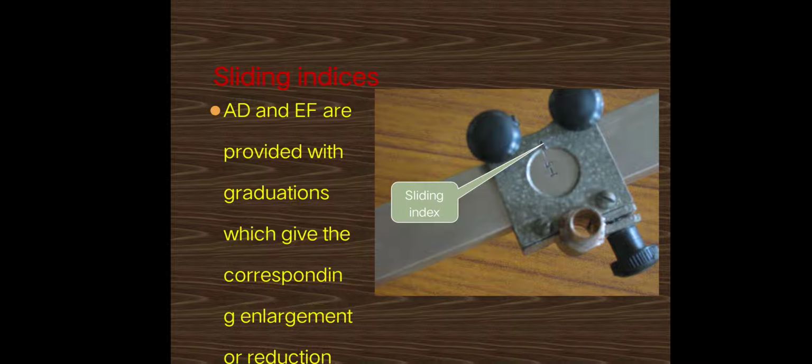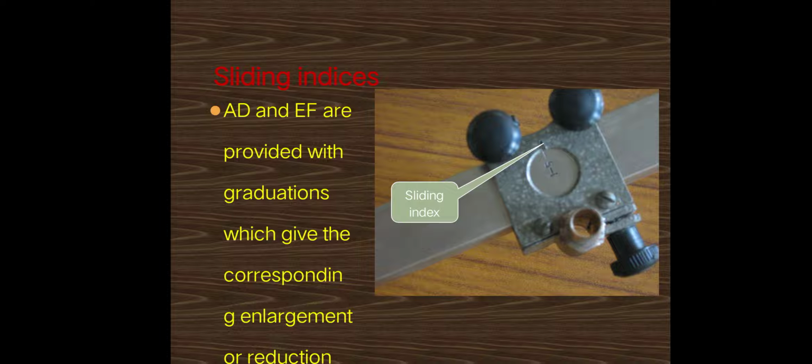And the sliding indices are also one of the most important component parts of a pentagraph. We already studied that its uses are to reproduce, enlarge, and reduce. If I want to reproduce, that is, make a duplicate of a particular drawing of the same size, just like a Xerox copy, you keep the sliding indices bar at the 0 mark.